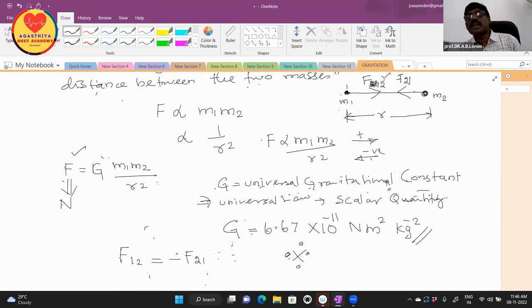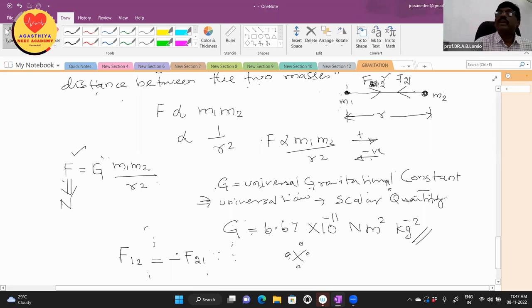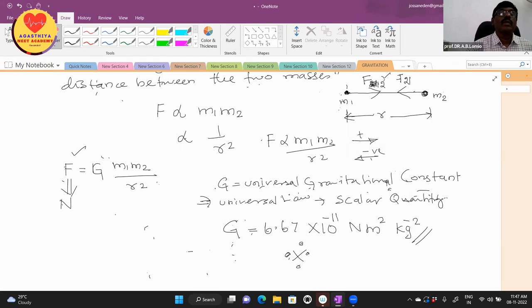Suppose you forget the unit of G, how to calculate it? G equals F times r squared divided by M1 M2.